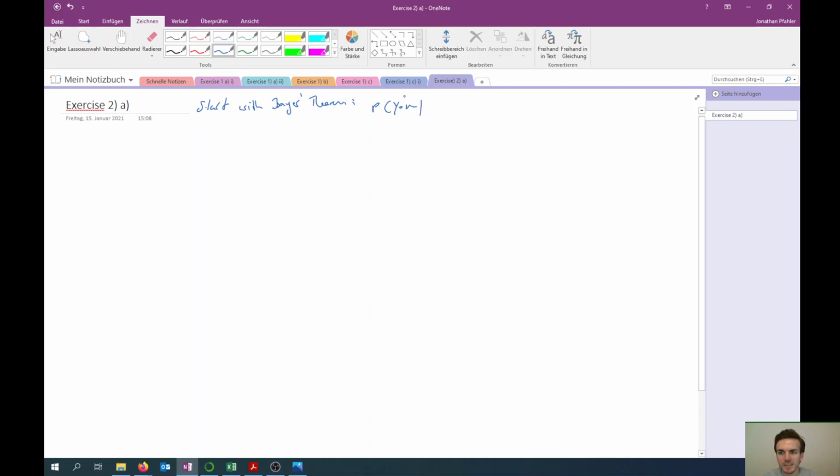So the probability that y is of a certain class, given the data that we have, is equal to the probability of having the data if a class is given, times the probability of the class itself, divided by the probability of the data itself.